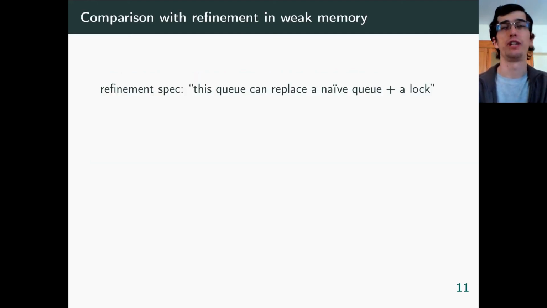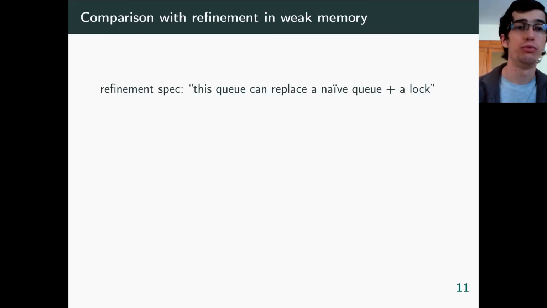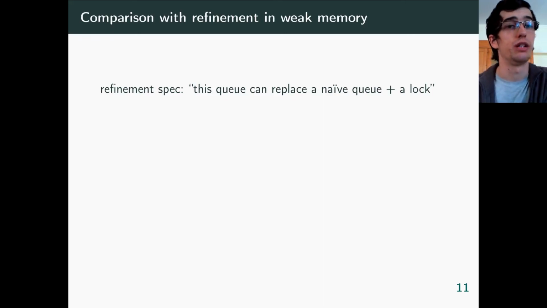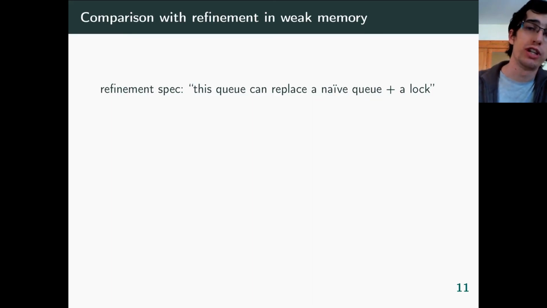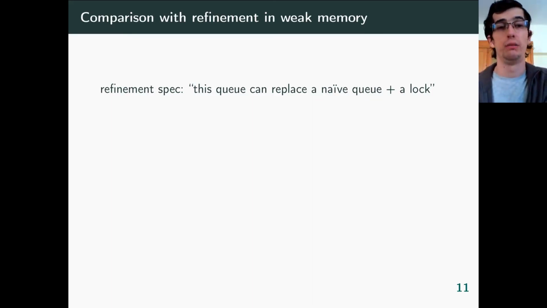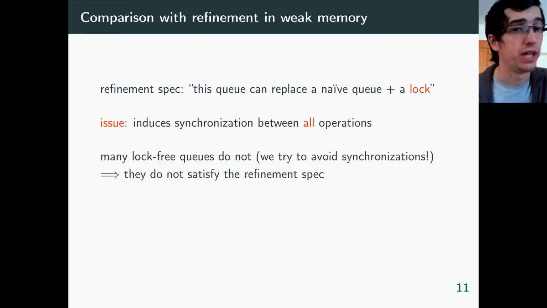I'd like to draw your attention to something. You may wonder how this approach to specification compares with refinement. In a typical refinement-based spec, you will say something like, this queue can be used everywhere we can use a naive queue protected by a lock. But in weak memory, this spec has a shortcoming.